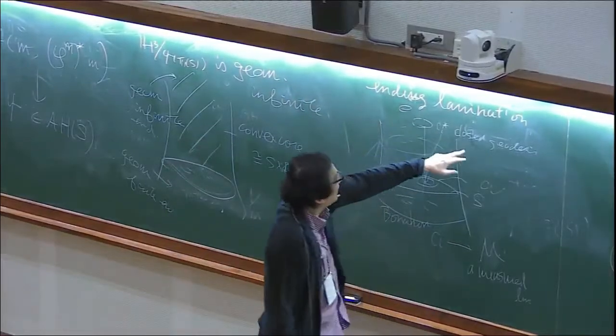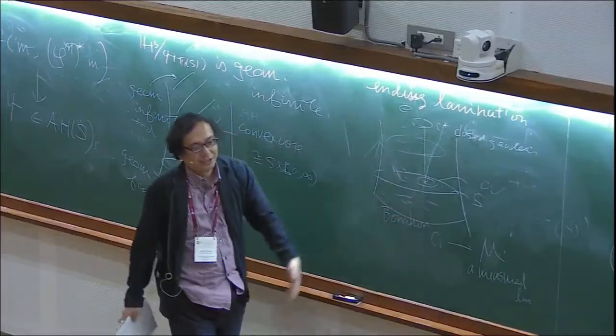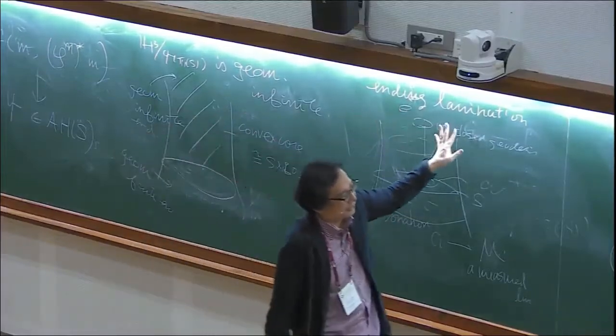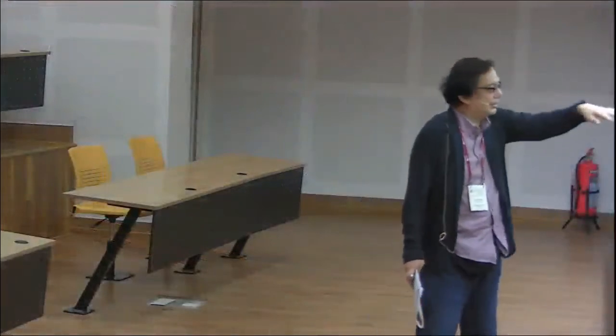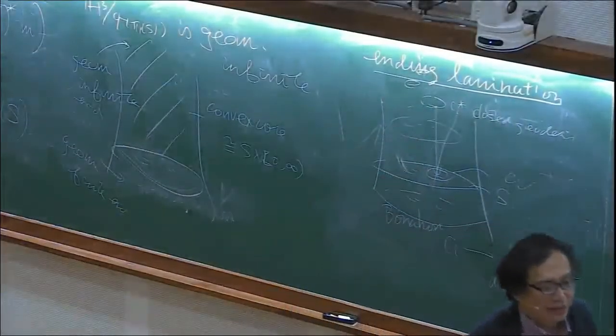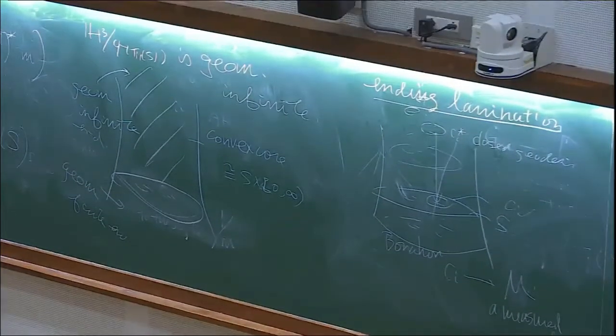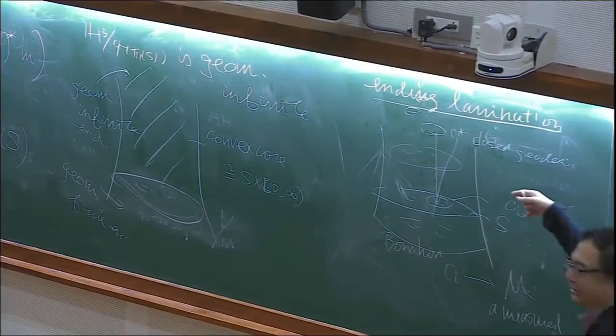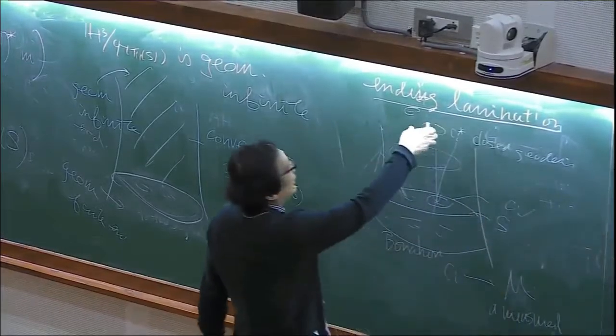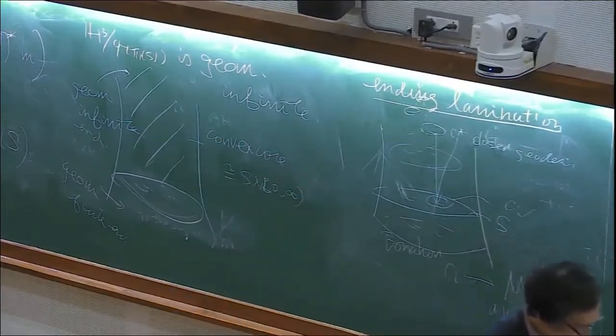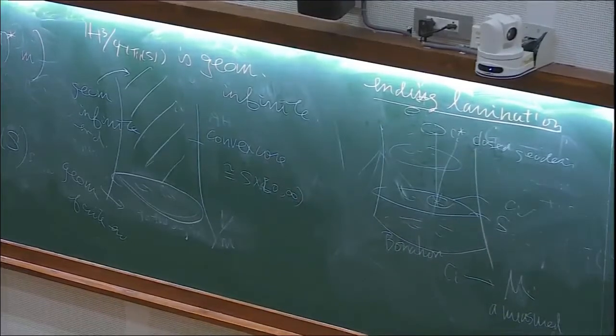So that is equivalent to this condition. You cannot realize the measured lamination mu, so it is a limit like that. Such a thing is called the ending lamination. It is a lamination you cannot realize as a geodesic, and it is equivalent to saying that there is a sequence of closed geodesics converging to it and tending to the end. That is the geometry which geometrically infinite groups typically have.